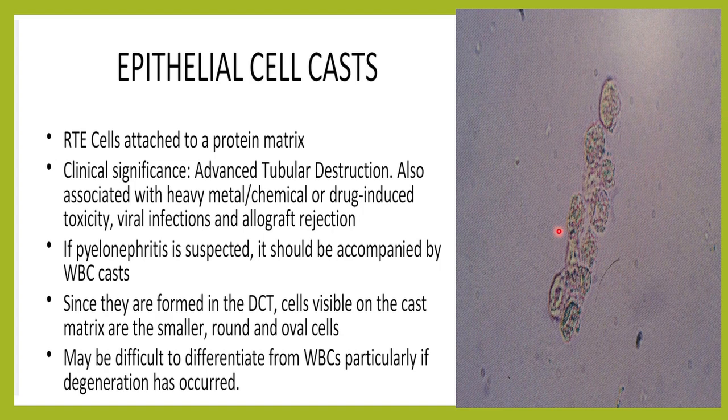Since these casts are formed in the distal convoluted tubules, the cells which are visible on the cast matrix are smaller, round and oval cells. Sometimes, though we have told you the difference between the WBC cast and the renal tubular epithelial cell cast, it might be difficult to differentiate them, especially if degeneration has occurred.